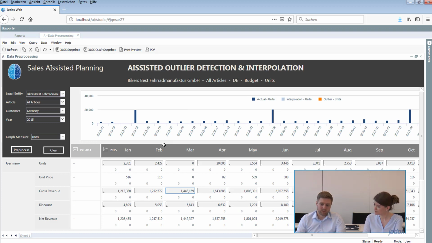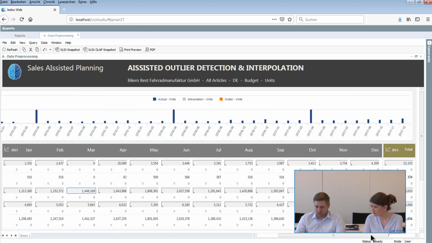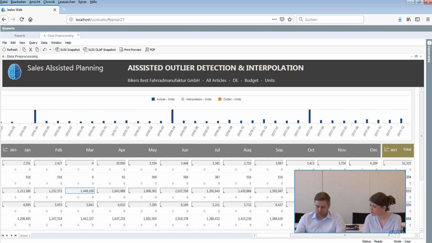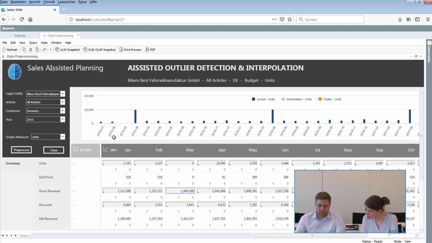So what the algorithm is doing now is taking this time series. It goes until 2017 December, so 3 years of data. And it will look for gaps and for outliers, and it will mark them, and it will give us a suggestion what we should put there instead of the value which is there.